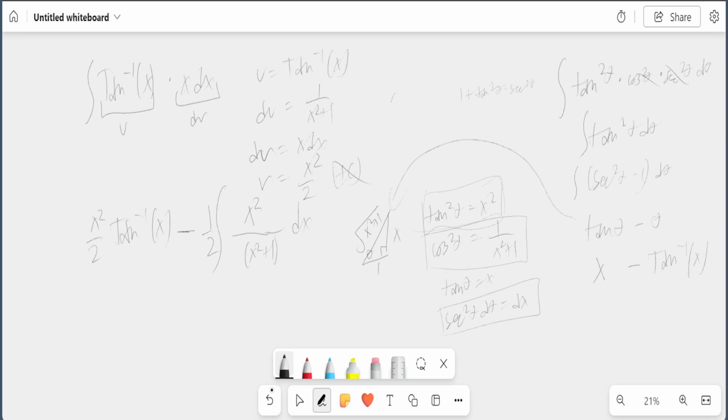What's an easy way to avoid that? Well, I guess that was just a silly mistake. You have to remember that we made this in terms of theta, so you always have to turn it back into terms of x once you're finished with it.